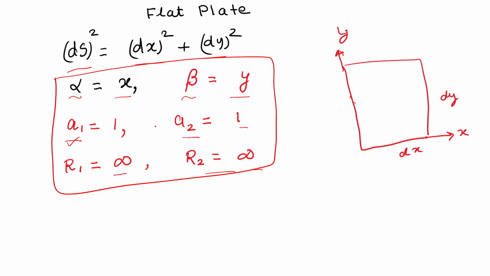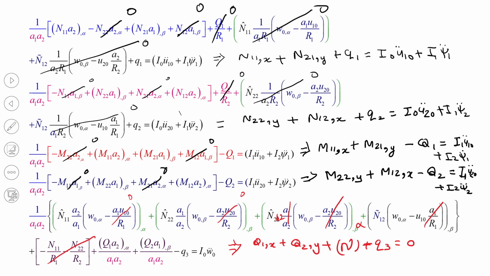Then find out the Lamé parameters for that body or geometry, then find out the radii in the first direction and second direction. If we have these parameters, see, this is our main governing equation.